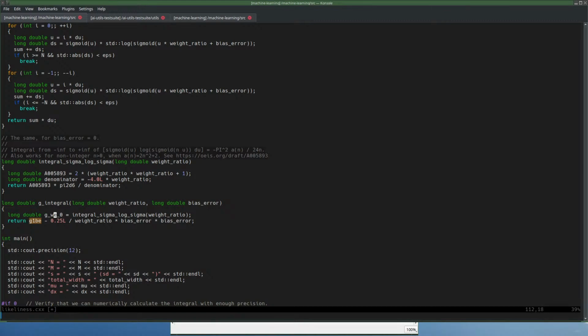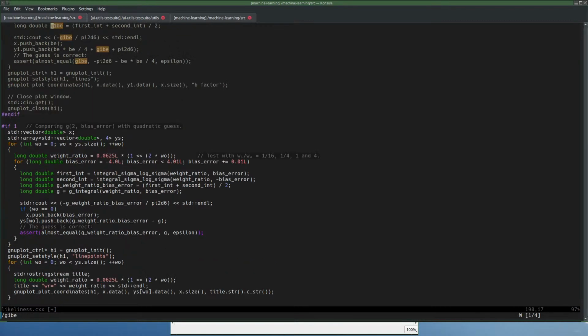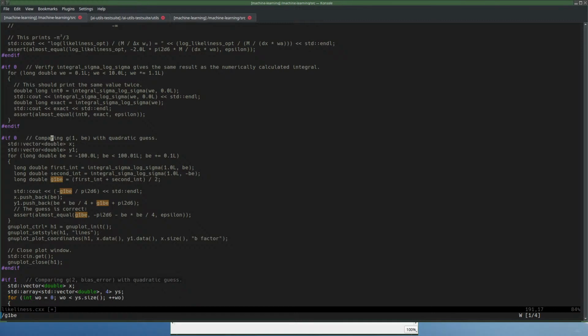Oops, weight ratio. No, any fool, right? So the G weight ratio 0 is that. Bias is 0, and then we add a bias to it. Subtract it. Yeah, this one is correct.